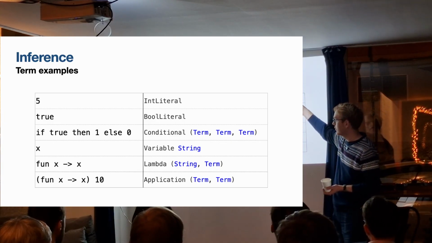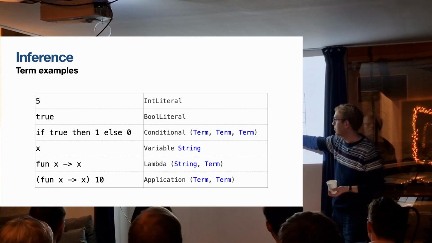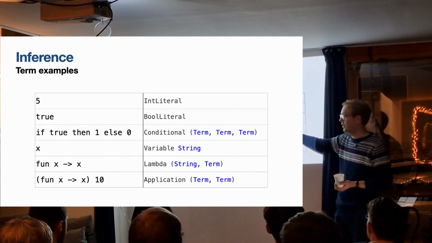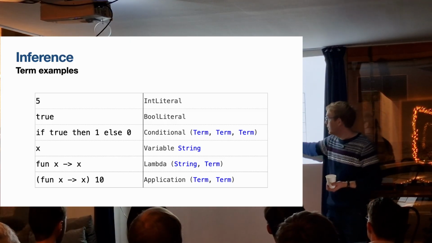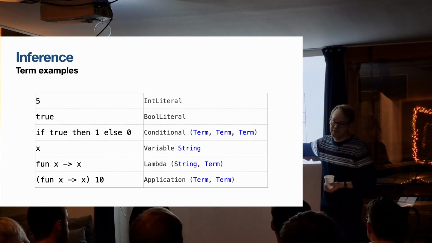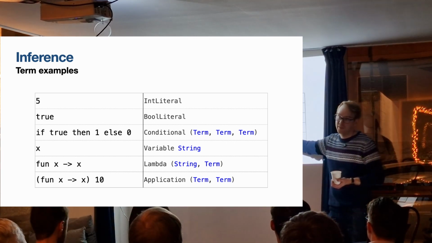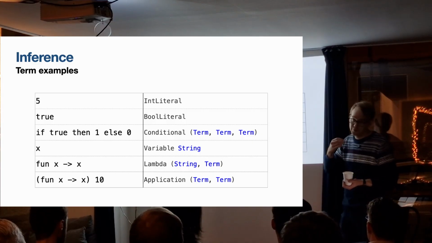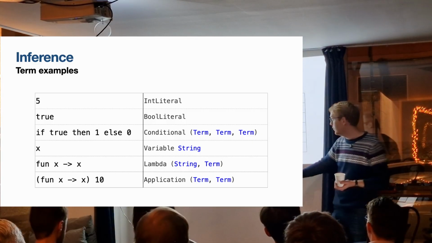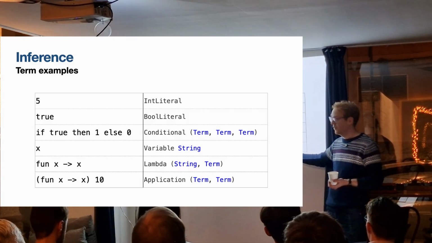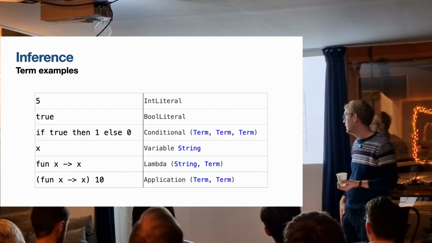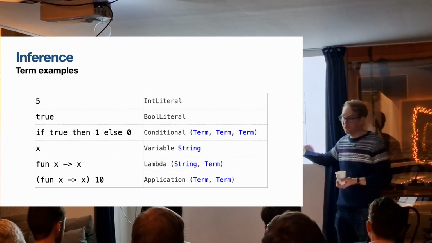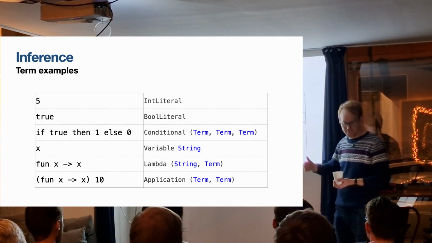True would be a bool literal. If you look at the conditional, we can see that it has 3 subterms, so they're all represented here as a tuple. And then a variable is simply represented with its variable name, so it stores a string. Lambdas are also pretty straightforward. There's a string for the variable name, and then a term that represents the body. And finally, application is 2 terms, where the first term is supposed to be a function, and the second term is supposed to be the argument.